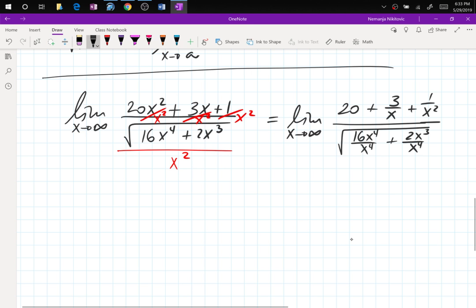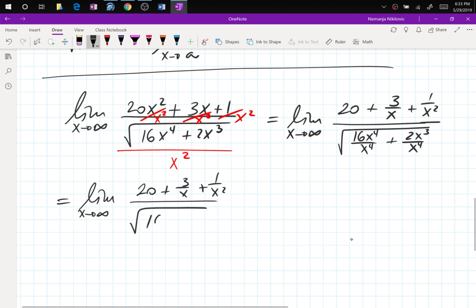So now we have the limit of 20 plus 3 over x plus 1 over x squared divided by the square root of 16 plus 2 over x. So when we cancel everything, this is what we have. Now, when you divide a number by infinity, it goes to 0.